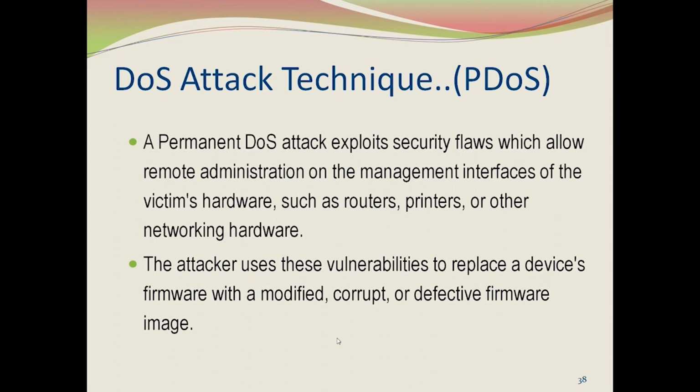Okay. So, the attacker uses these vulnerabilities to replace the device's firmware with a modified, corrupt or defective firmware image. Okay. So, that means what happens therefore? Since these vulnerabilities are already known, there is no problem if the attacker tries.